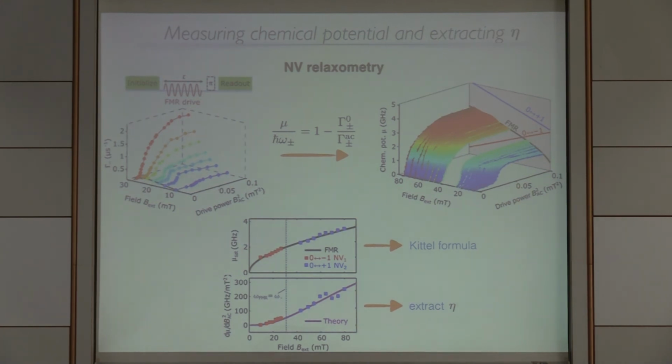As with driving the thermal cloud with coherent dynamics, initially the chemical potential creeps up linearly and eventually, for large enough drive, saturates at the value given by the FMR frequency. Another bit of the experimental data: by fitting the linear slope of how the chemical potential increases with the drive power, we can experimentally extract that single parameter eta that describes the coupling between the cloud and the condensate.